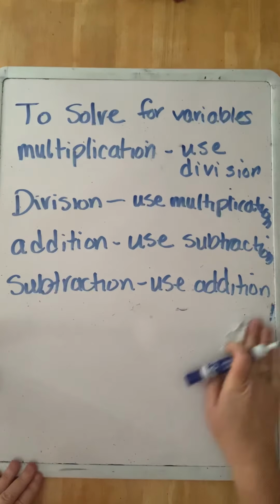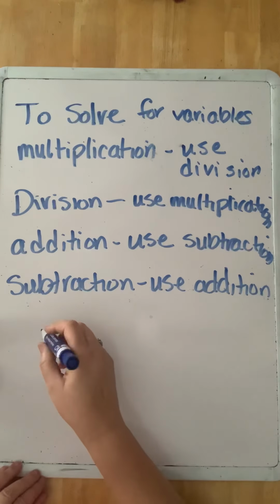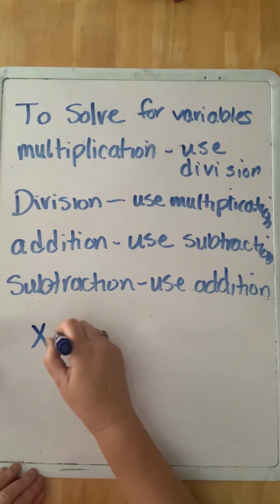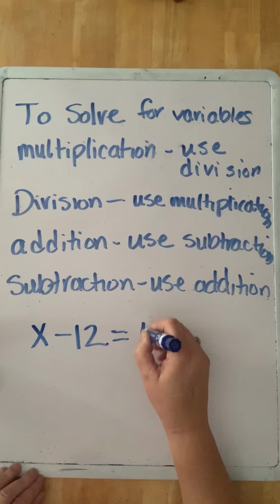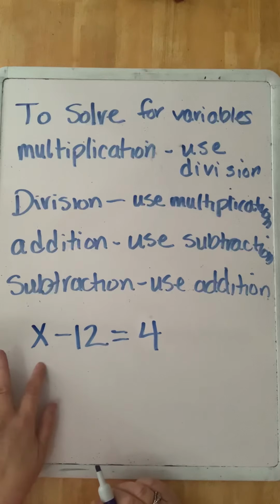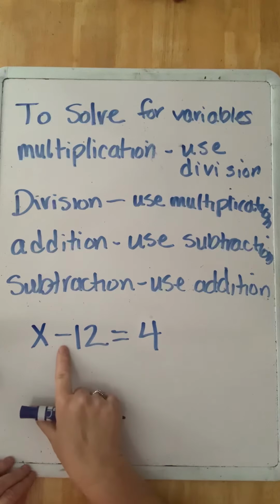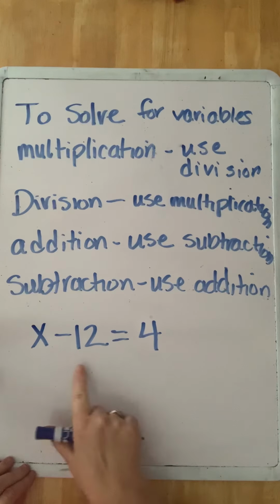It doesn't matter where the x is. You're looking at the number to decide whether you're adding or subtracting. All right, so let's take x minus 12 equals 4. You're going, oh, it's 3. Well, no, because 3 minus 12 gives you a negative number. So right here, I'm looking at this, and I'm like, oh, this is a negative 12.